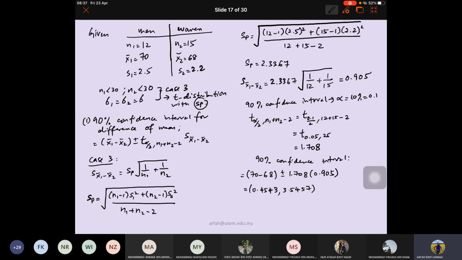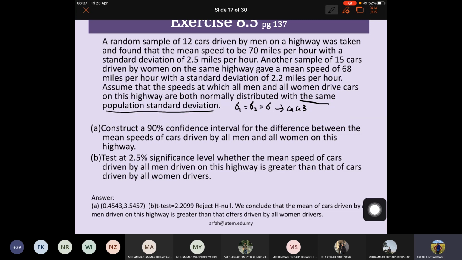Okay, dia punya interpretation, meaning that, thank you Amar, daripada 0.4543 sampai 3.5457, dekat dalam garis nombor ni ada perbezaan mean yang sebenar bagi populasi, mu1 minus mu2. Maybe somewhere here, maybe somewhere here, or maybe somewhere here. But it will be within this range, 0.4543 and 3.5457. So, those who have finished, try soalan B.